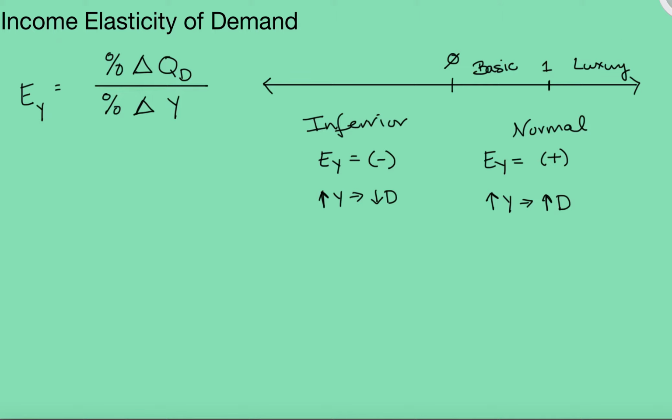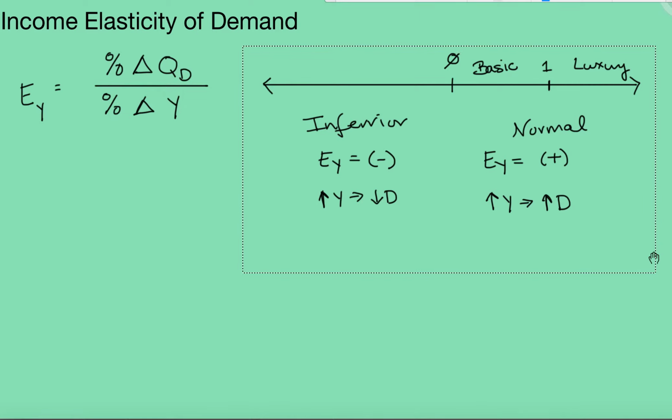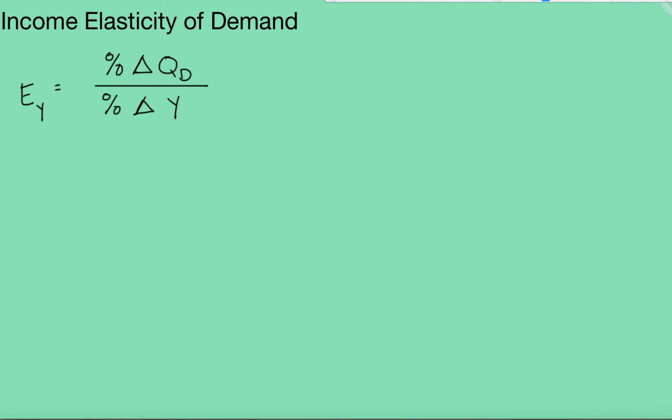Okay, so let me get rid of this for a second, and we'll go back to looking at what happens mathematically when there's a change in income with quantity demanded.